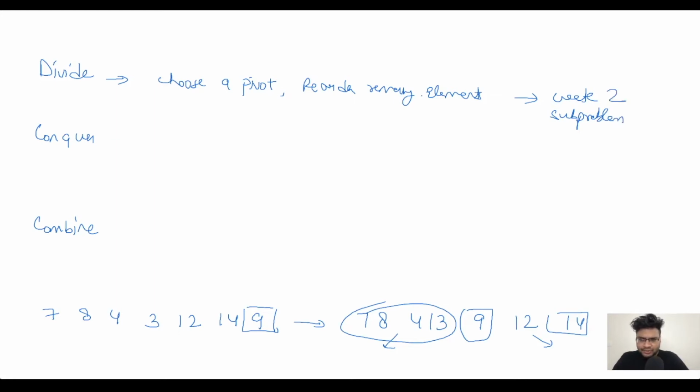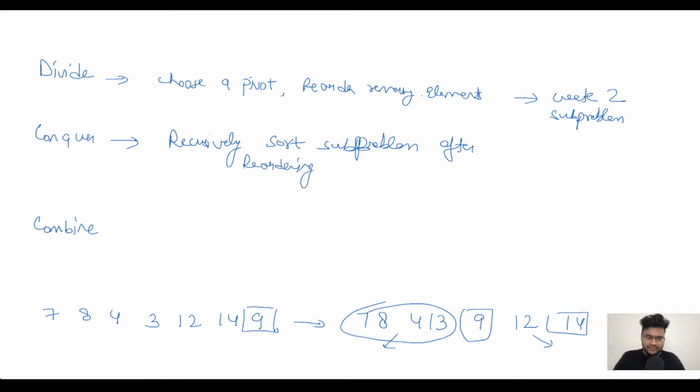The conquer approach here is to recursively sort the subproblems by reordering. We keep on dividing until we reach a state where only one element is present.